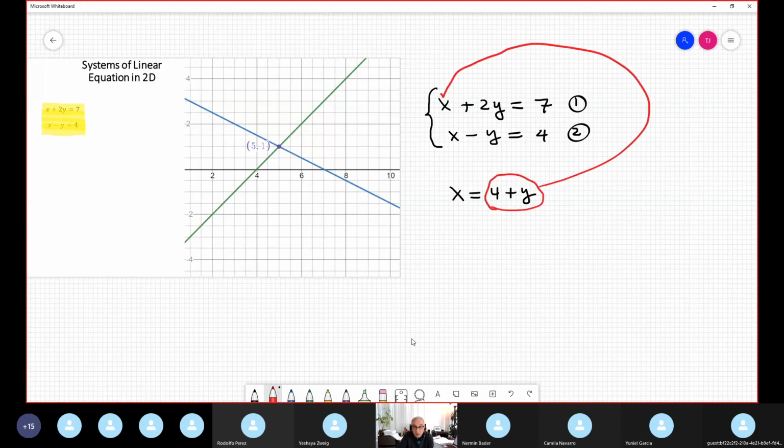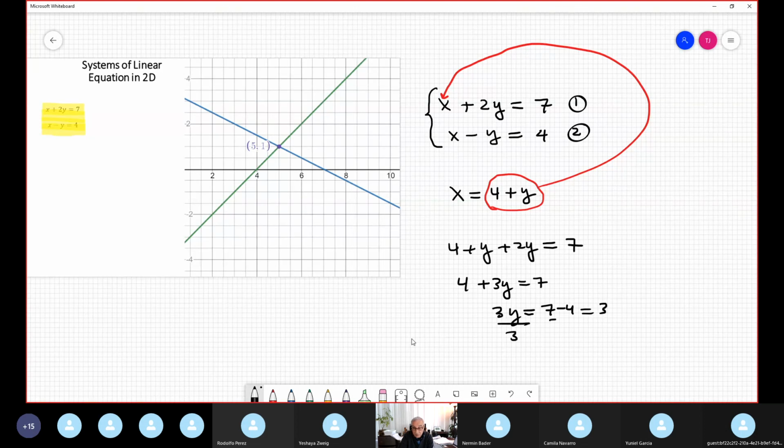It's 4 plus y plus 2y equals 7. And you solve this equation that contains only one variable, that is 4 plus 3y equals 7. 3y is equal to 7 minus 4, que es 3, divided by 3. Es obvio que y is 1.